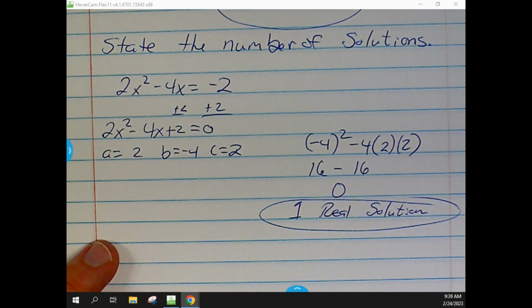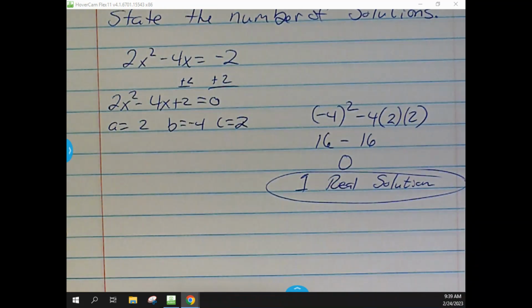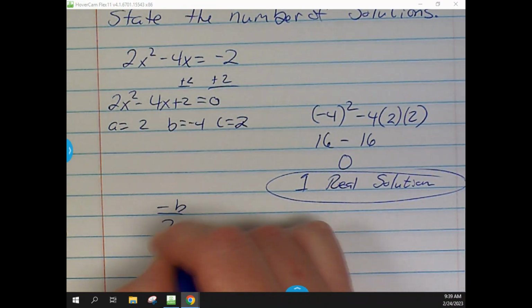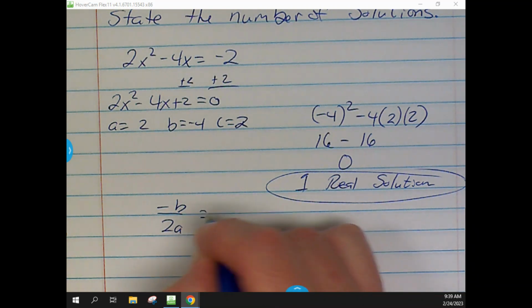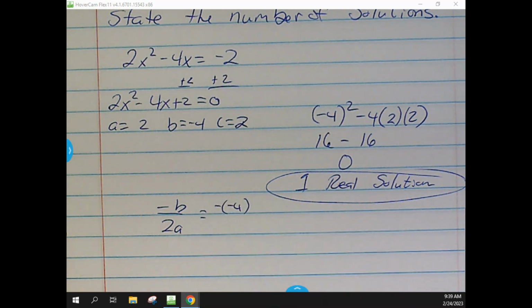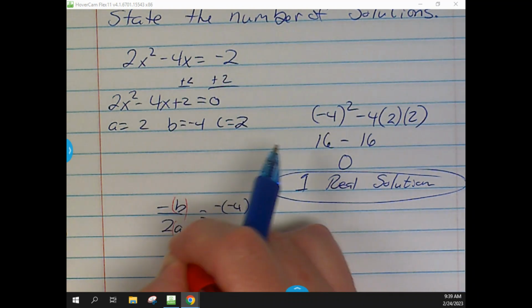Okay, now I didn't ask you in this case, but we're going to go ahead and just so you can see what's there, here's where the easy part of that one is. If it's 0, then your real solution is going to be negative B over 2A. And again, that's the whole vertex thing we had going a little bit ago. Again, be careful with your signs, because if it's negative B over 2A, you've got to think about it that way.